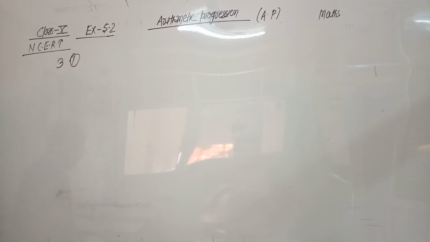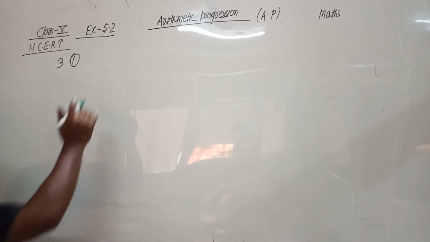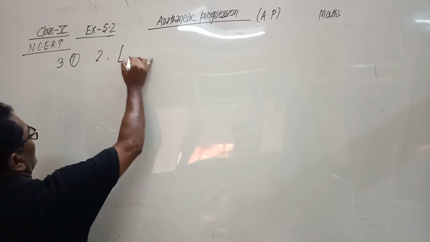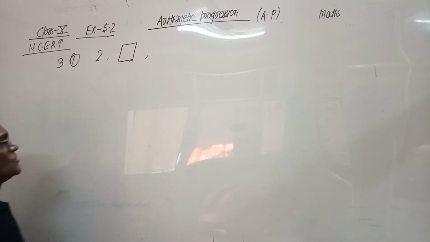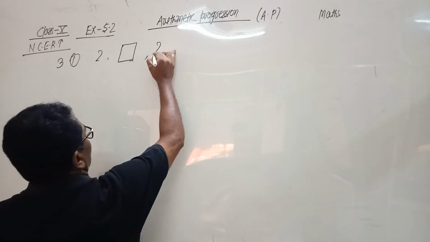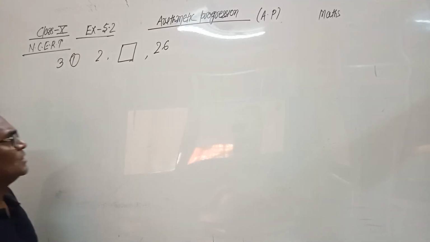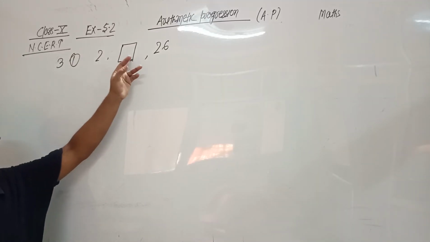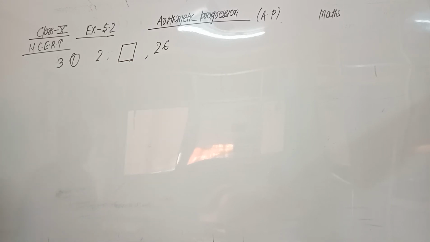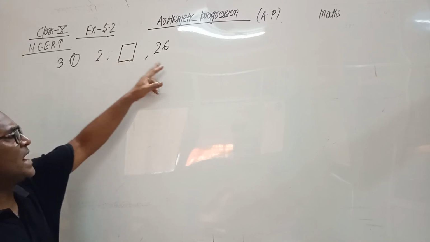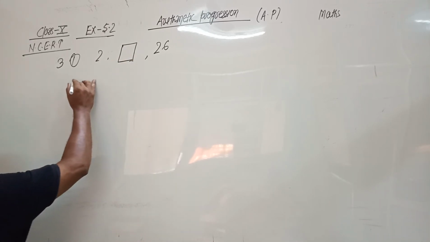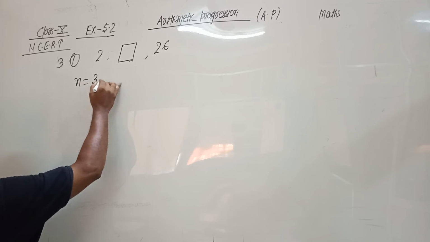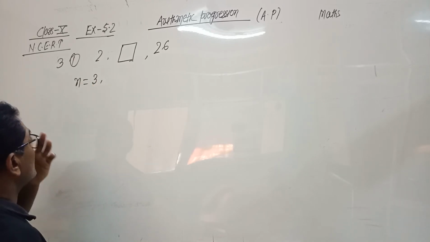We are given 2, then a blank, and 26. We have to find the missing term. How many terms are there in this sequence? 1, 2 and 3. There are 3 terms, so the value of n is 3.